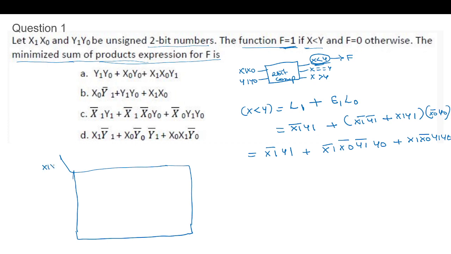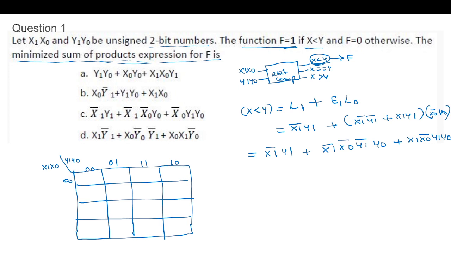So I have x1 x0 and y1 y0 as 00, 01, 11, 10 and so on. So the first is x1 complement y1. So x1 is complement in these two rows and y1 is 1 here, here, here and here.